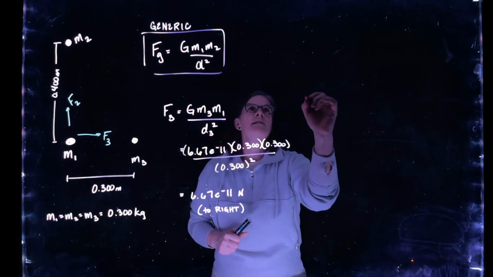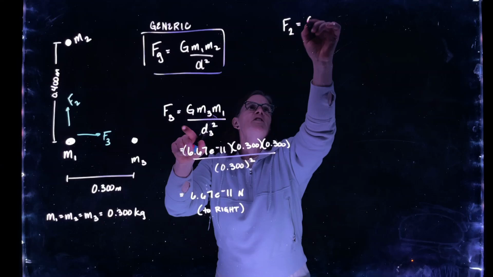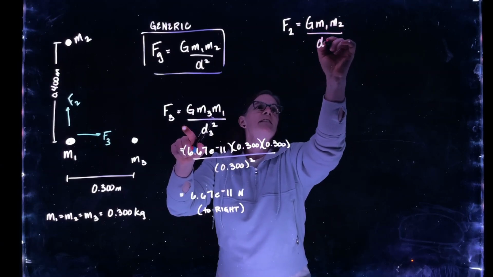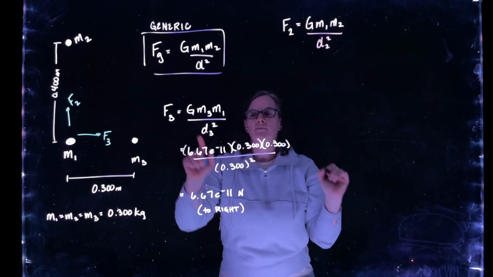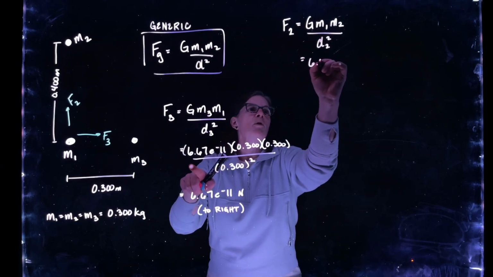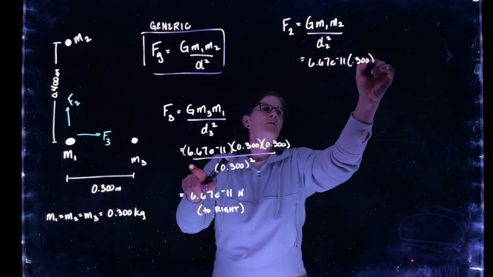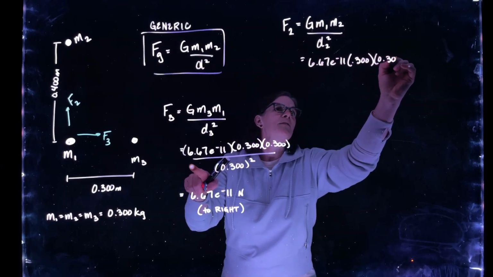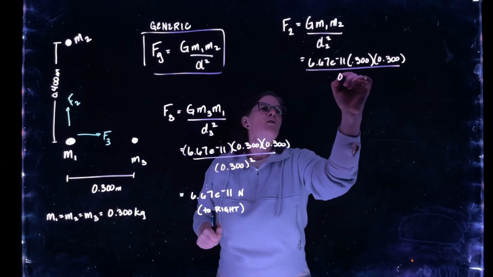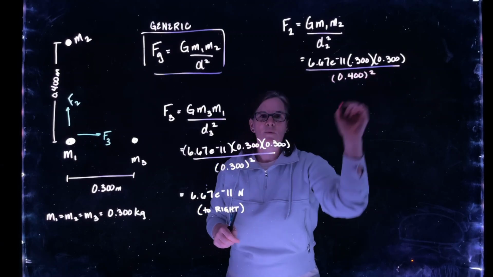What about force 2? Well, that's going to be G, M1 times M2 over the distance 2 squared. So the distance between those 2 squared. So again, G is 6.67 times 10 to the negative 11. M1 is 0.300. M2 is 0.300 all over 0.400 quantity squared.